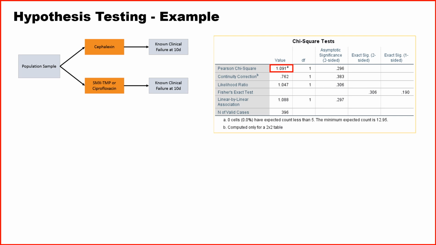And so the right-hand side of this slide shows the output from a statistical software package, and highlighted is the Pearson chi-square statistic. So this is the test statistic, which is difficult to interpret on its own, and so the software package has interpreted it for us by reporting out the asymptotic significance, and this is a two-sided p-value that has a value of 0.296.